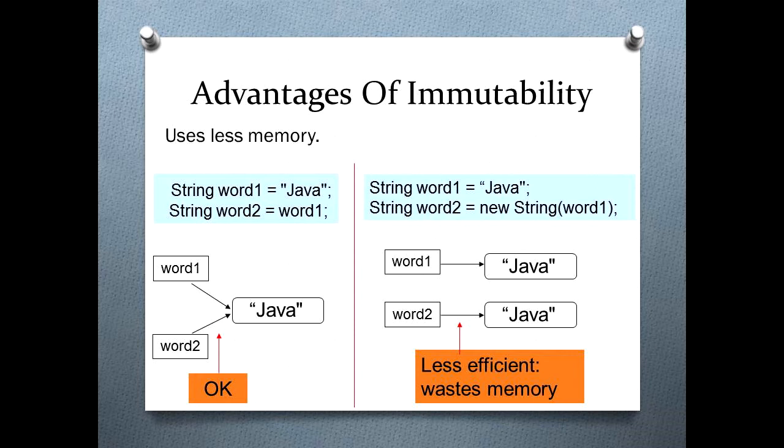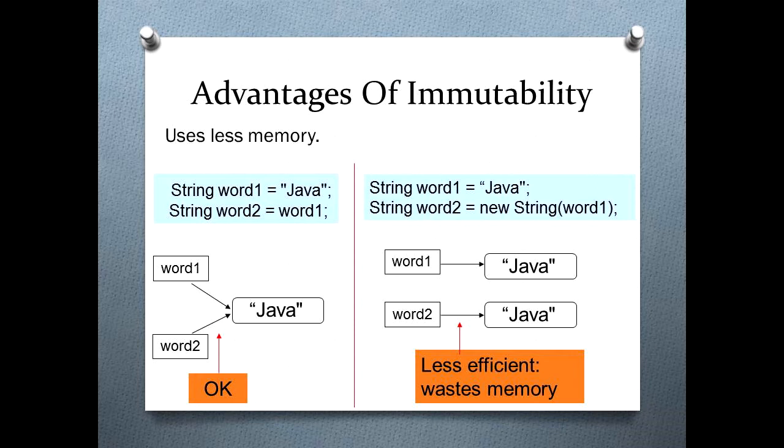You can see the pictorial representation. Word1 and word2 both give you the same answer as Java. You can see it on the right hand side of this slide. String word1 is equal to Java, the same as the left hand side. The second string is word2 is equal to new String(word1). So here when you use new String, memory is wasted.